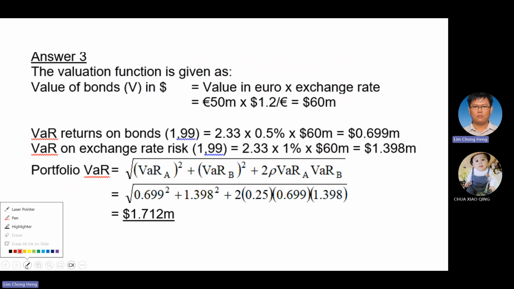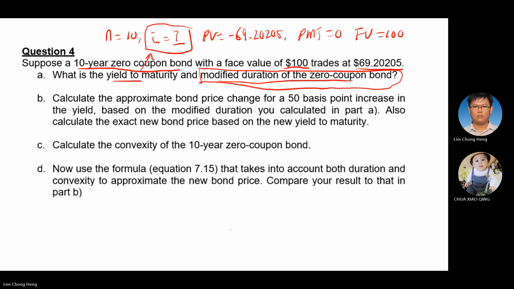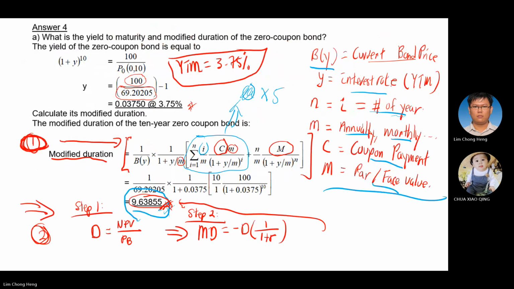Okay, method 2. Step 1. For the 10-year zero coupon bond, what is the duration? You can calculate this, and if you understand the concept, then the duration is 10 years.